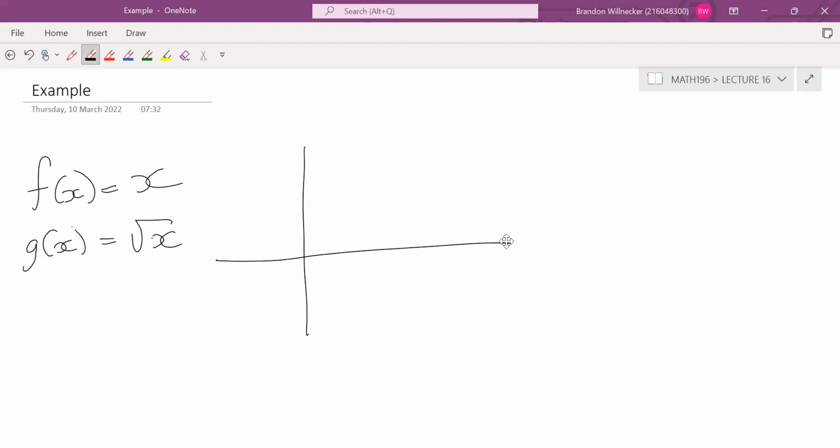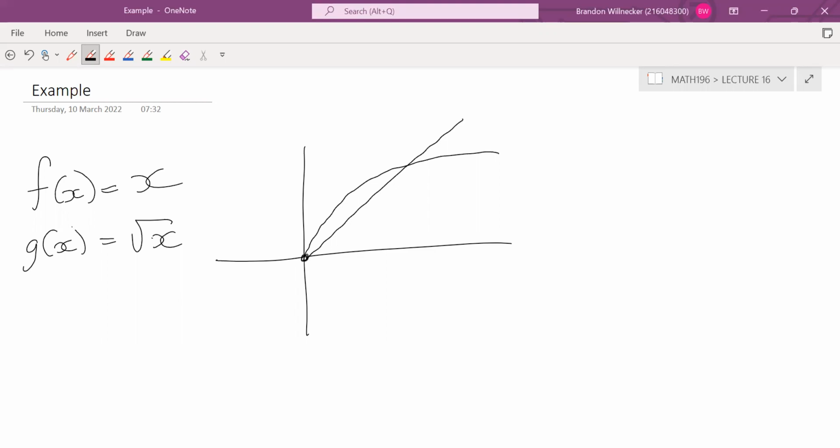So the square root of x, that's going to look something like this. And x, that's going to look something like that.